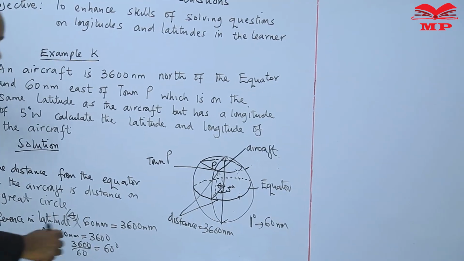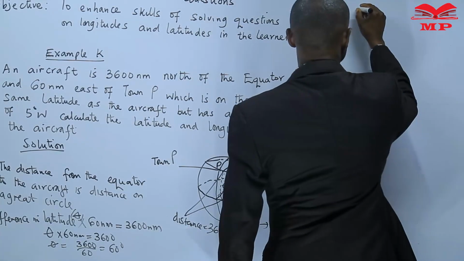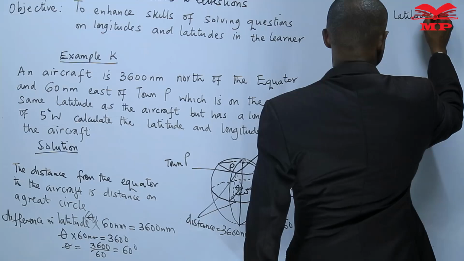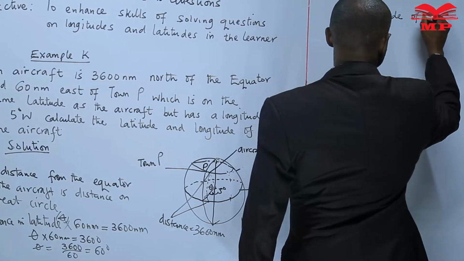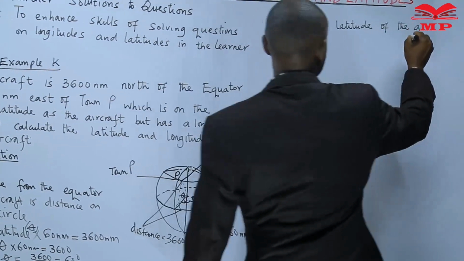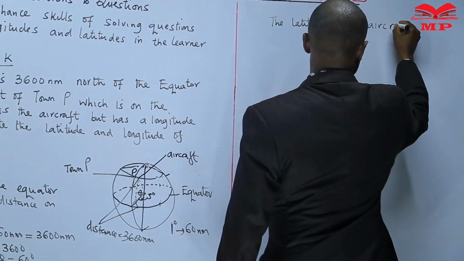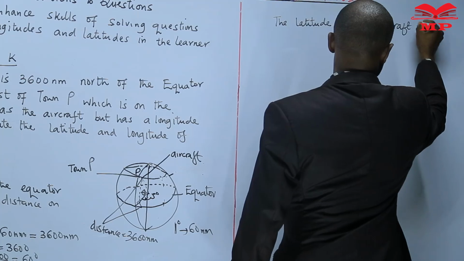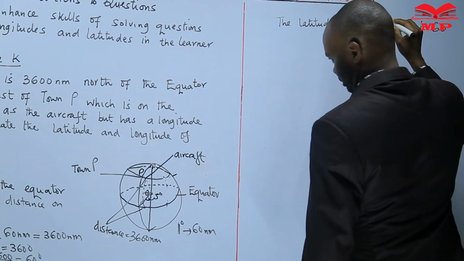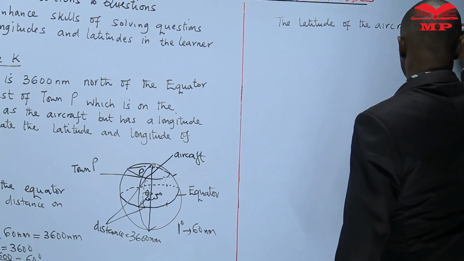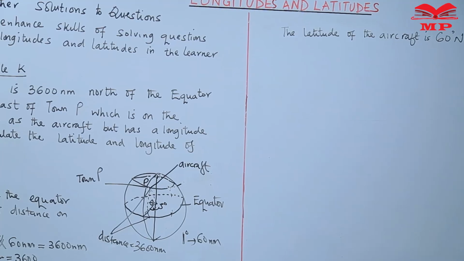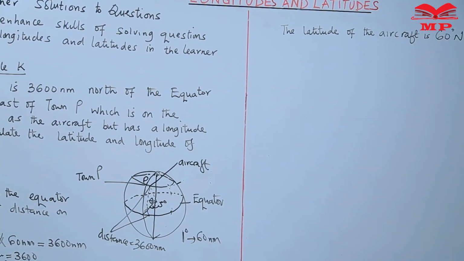So the latitude of the aircraft is 60 degrees, in fact, north of the equator. It is 60 degrees north of the equator.